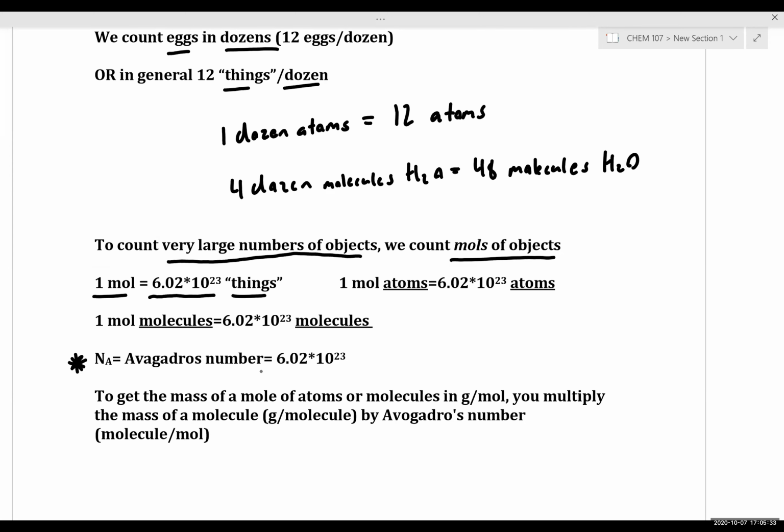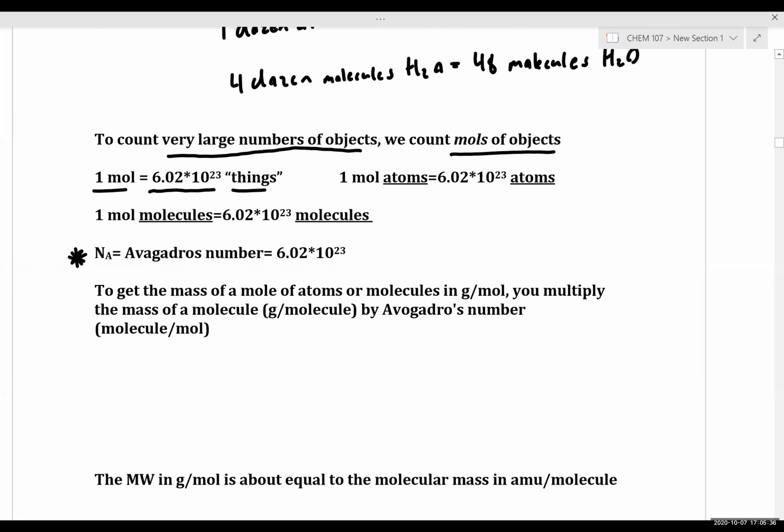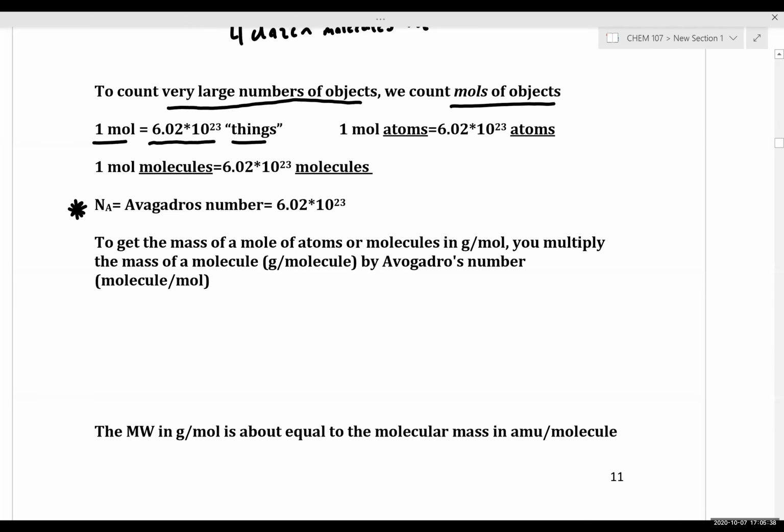Now, one thing that's really useful about the idea of a mole is that if we think about the mass in terms of AMU per atom, if we wanted to convert the mass in AMU per atom into the mass in gram per mole, we can develop a relationship between the molar mass written in AMU per atom and gram per mole using unit conversions.